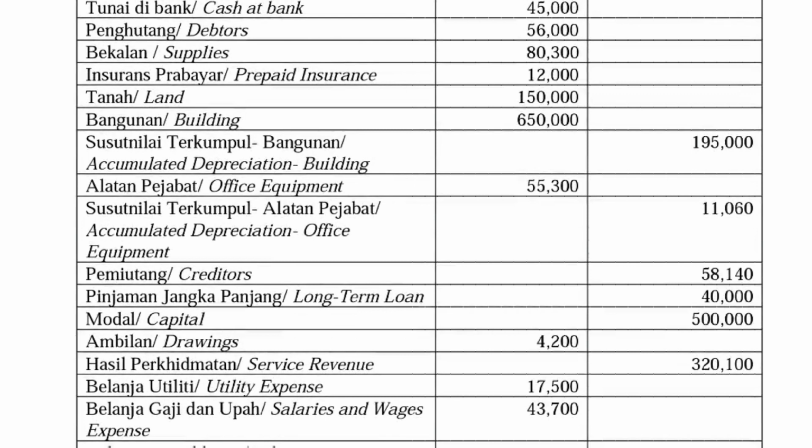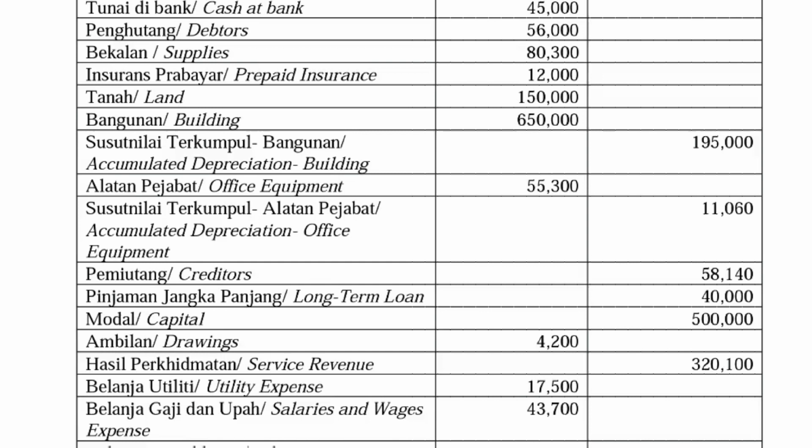The question says the depreciation is 20% from this amount. So 20% times 55,300 equals $11,060. Okay, that is for the office equipment. And then the question says for the building, the depreciation is 10% per year.